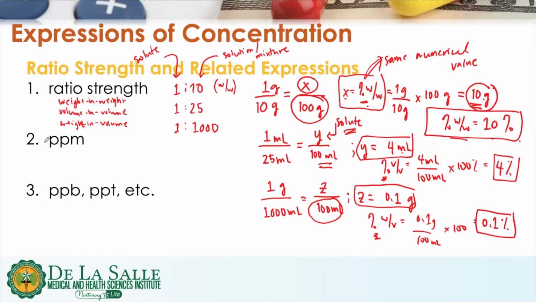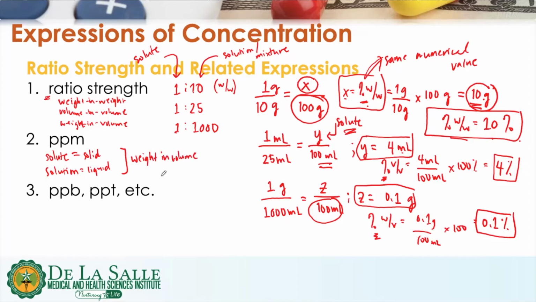These are basically ratio strengths, and they can also be represented as ratio strengths in weight in weight, volume in volume, or weight in volume. But mostly, if the solute is a solid and the solution is a liquid, by default, the ppm or ppb or ppt are in weight in volume.